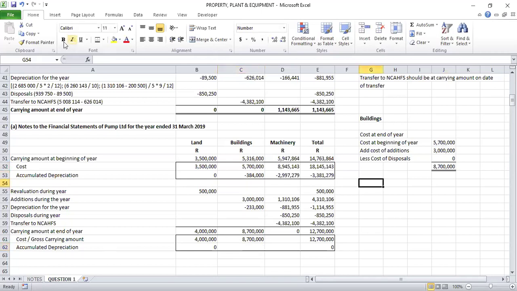Right, then accumulated depreciation at end of year.